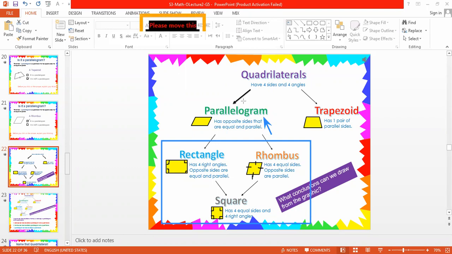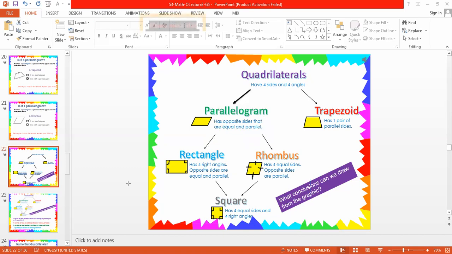The rhombus is a parallelogram. The rectangle is a parallelogram. The square is a parallelogram. All of them are parallelograms, because all of them have opposite sides equal and parallel.